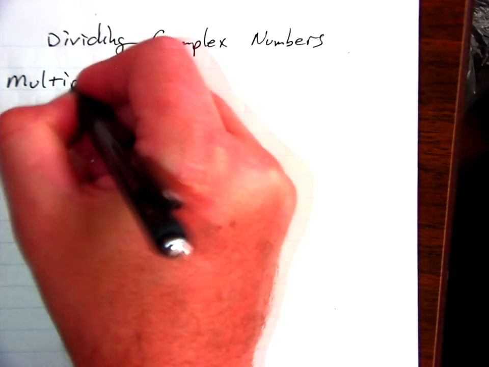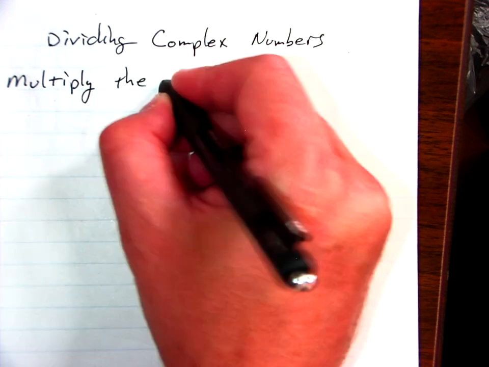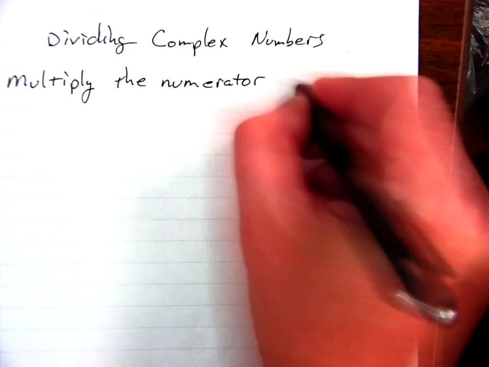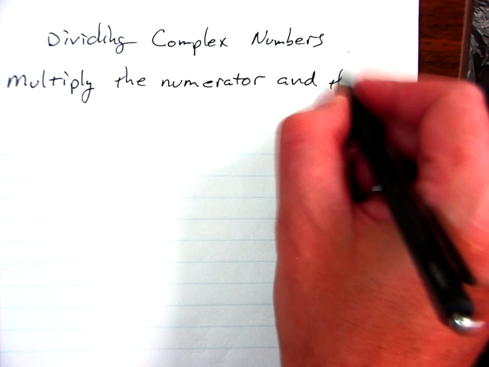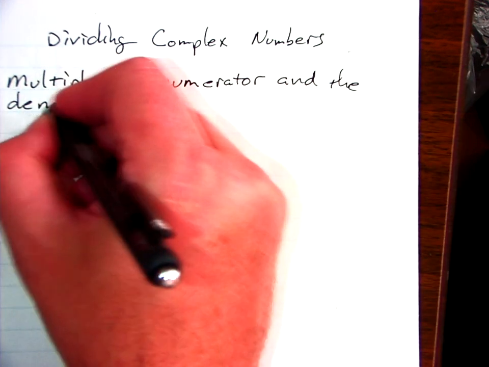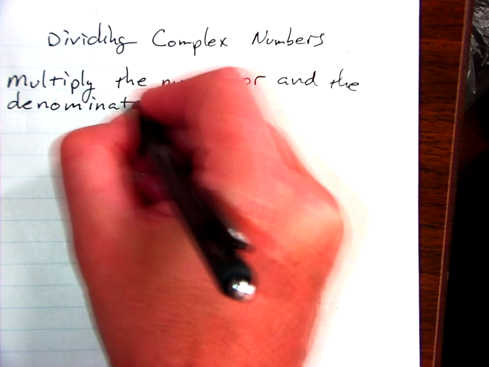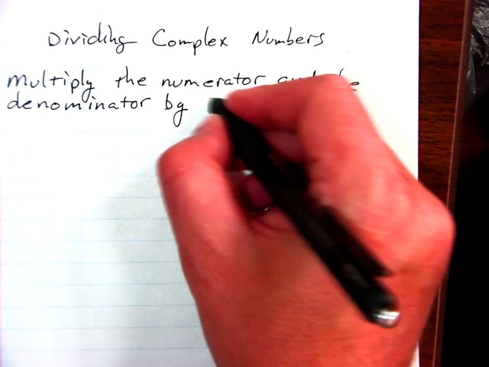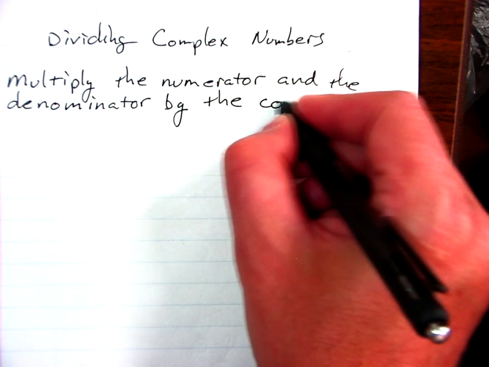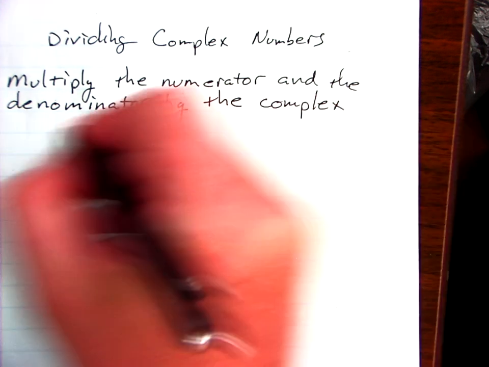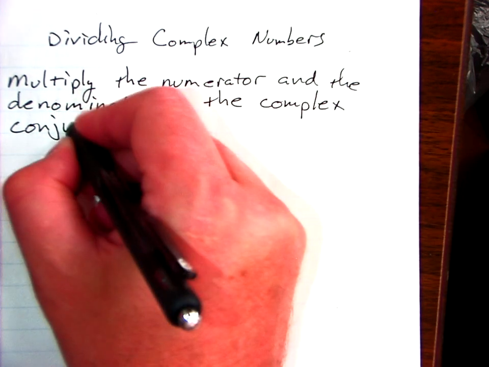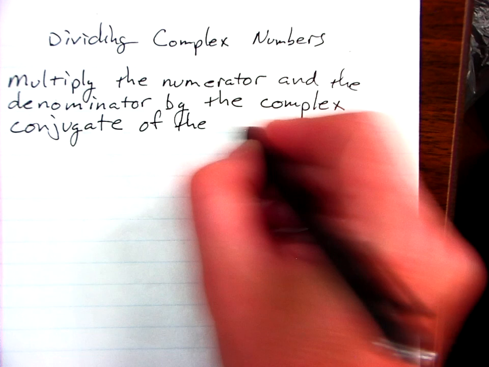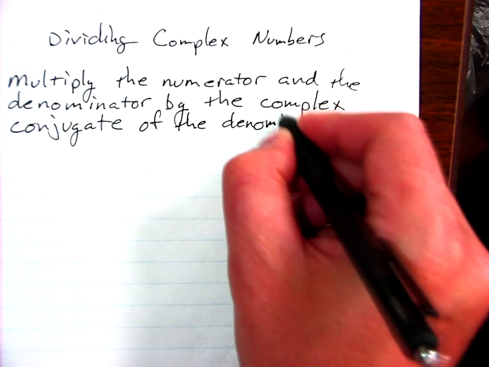Multiply the numerator, that means the top of a fraction, and the denominator by the complex conjugate of the denominator.